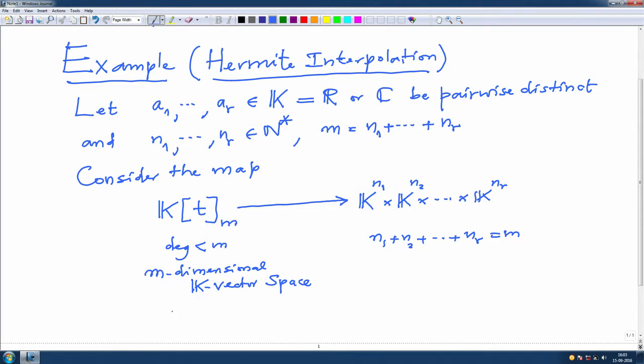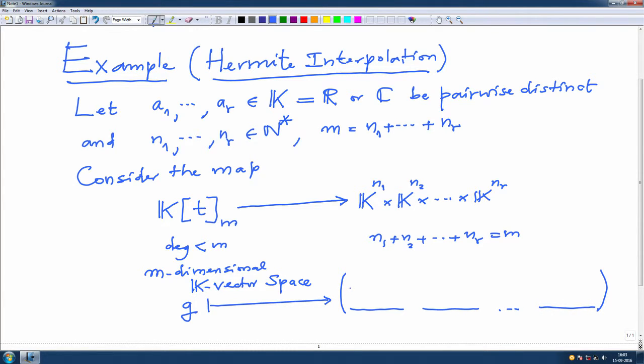I will write the map here. Take any polynomial g of degree smaller than m, and map it to a big tuple made of blocks: an n1 block, an n2 block, and so on up to an nr block.